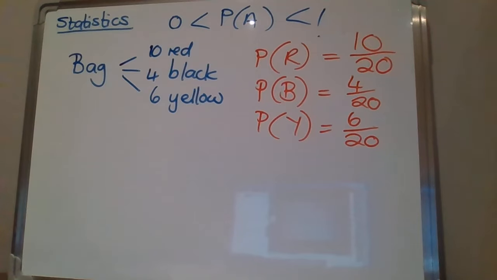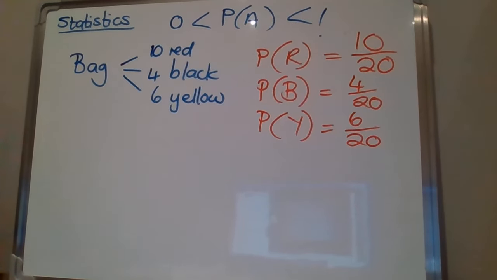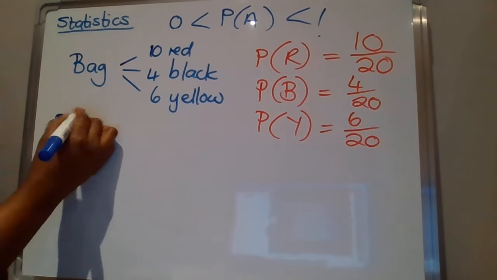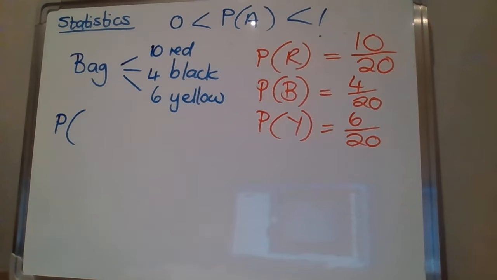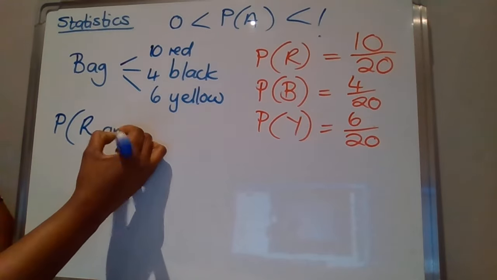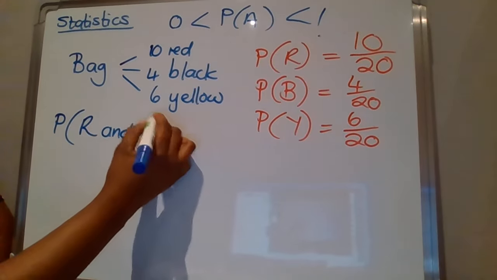Now, let's say, for instance, you were asked to find the probability of choosing 2 balls or 2 marbles, all right? And of those marbles, one is red and the other one is black.